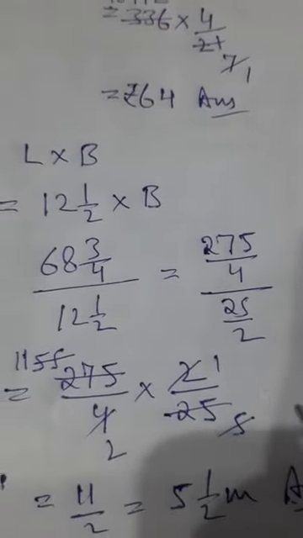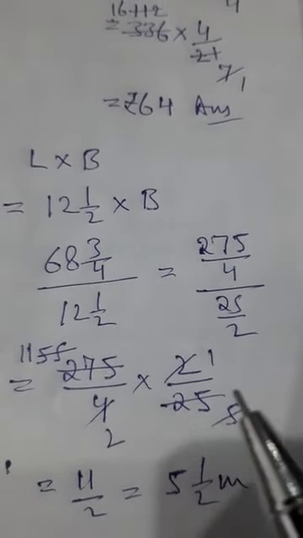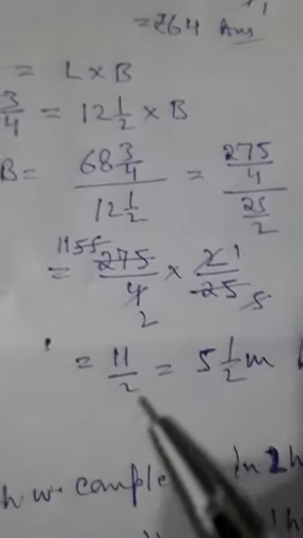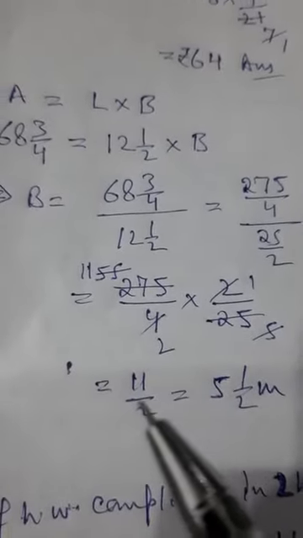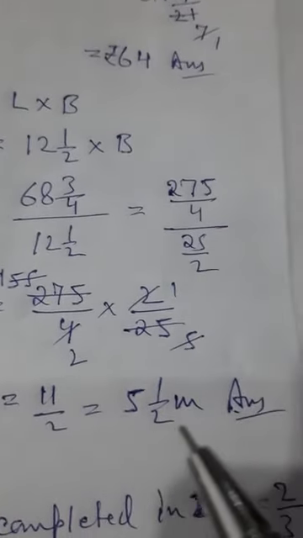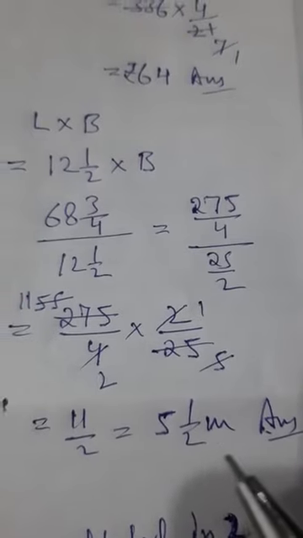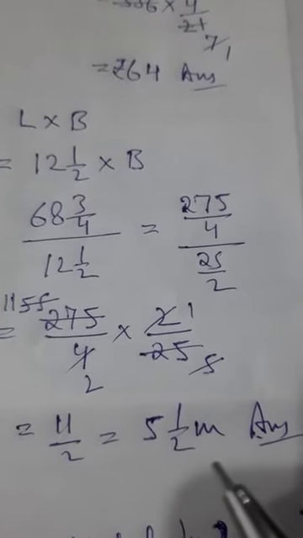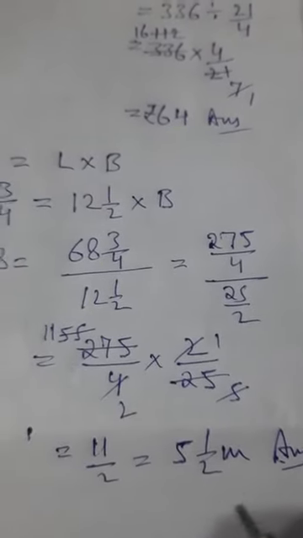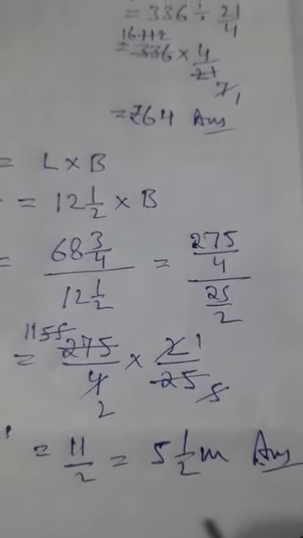Now we simplify here and we get 11 upon 2, which is an improper fraction. We'll convert this into a mixed fraction. So this comes to 5 whole 1 upon 2 meter. The breadth of the rectangle is 5 whole 1 by 2 meter. That is the final answer.